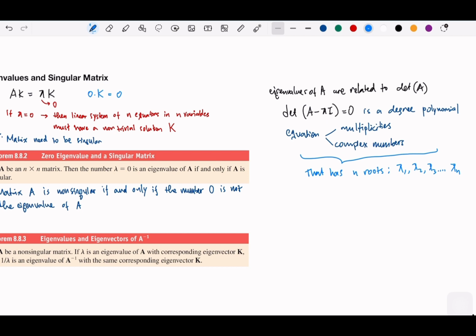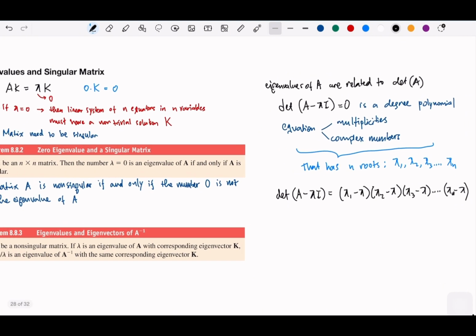And by the theory of algebra in polynomials, we can write the determinant as lambda 1 minus lambda, lambda 2 minus lambda, and so on.